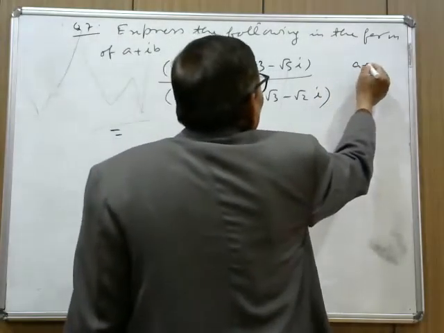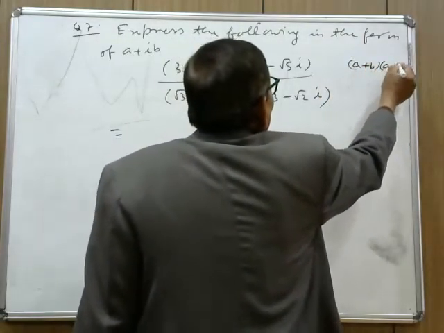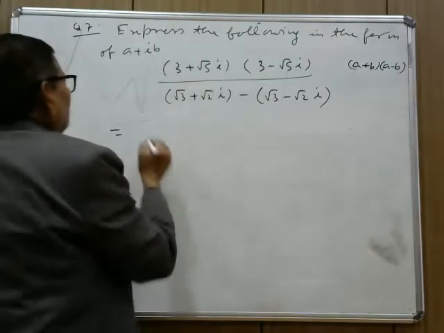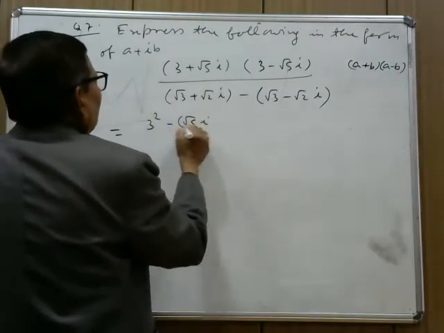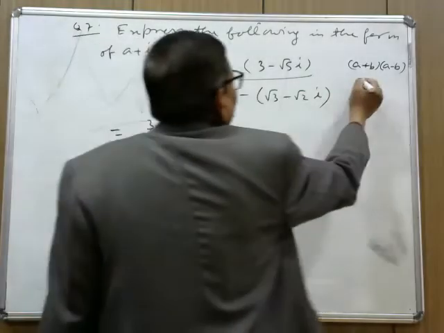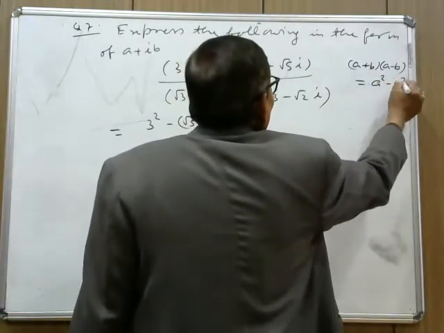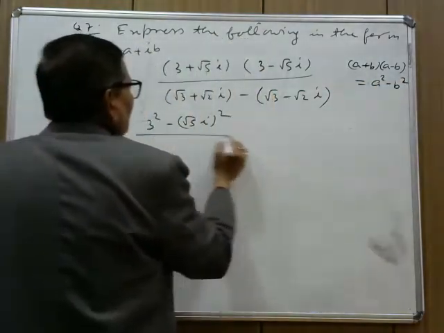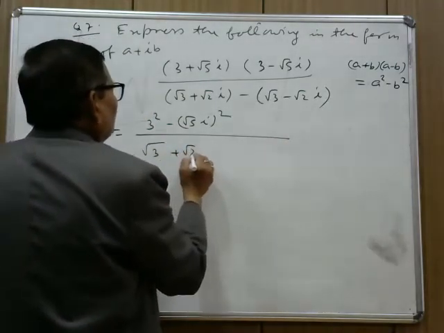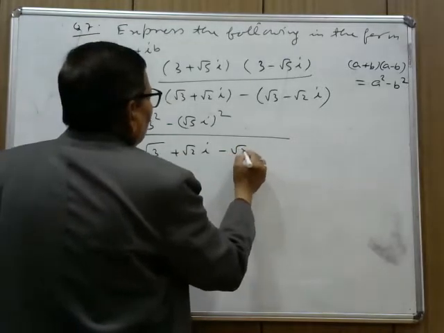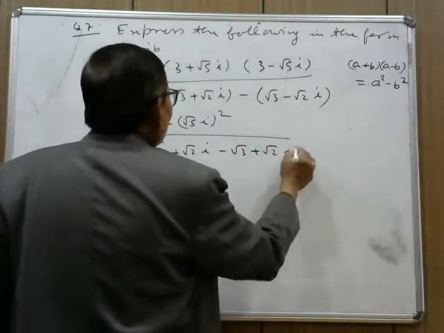This is in the form of (a plus b) into (a minus b). It is a square minus b square. So 3 square minus (root 5i) whole square. This is equal to a square minus b square. In the denominator, open the bracket, root 3 plus root 2i minus root 3 plus root 2i.